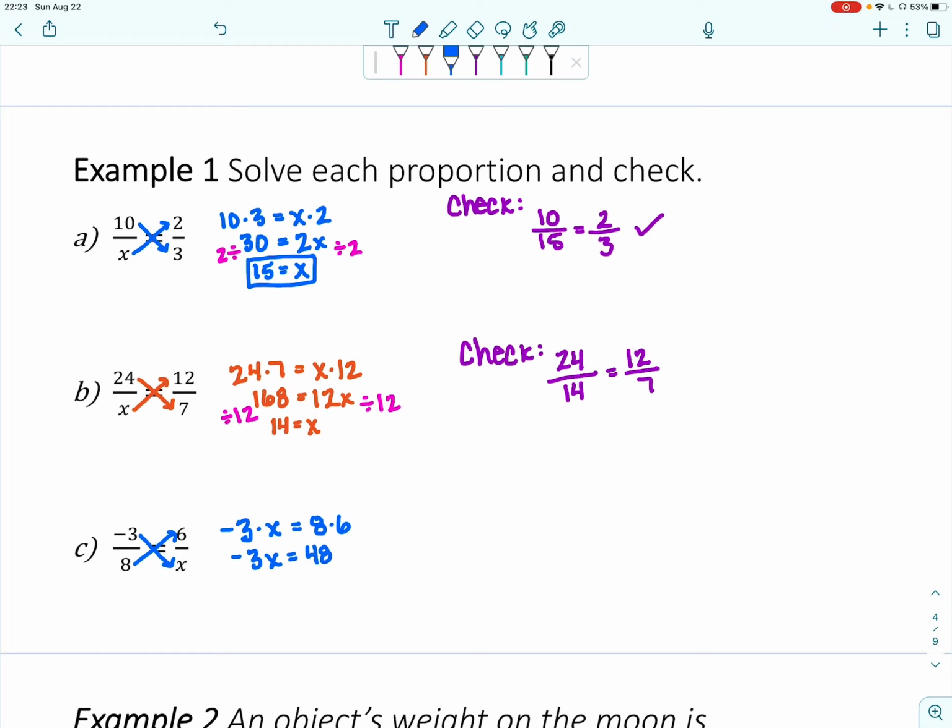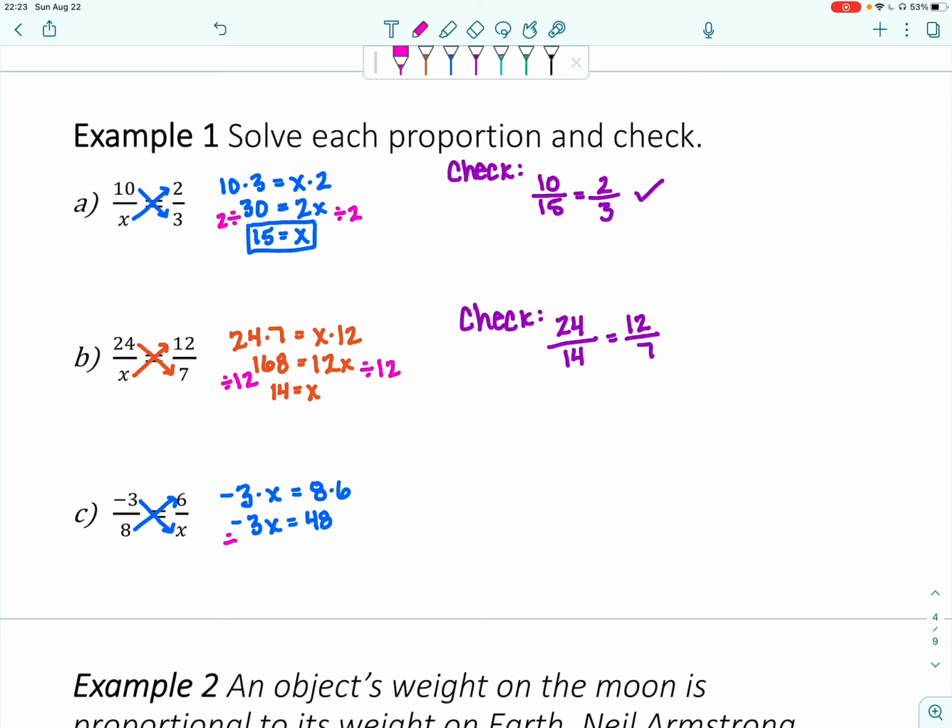Yes, I had to do 8 times 6 in my calculator. I was never good at my 8 times tables. So that was 48. I want to get the x by itself, so I'm going to divide both sides by negative 3. Because if I divide by just 3, then I'll still have a negative on that x. That's not what I want. So x equals negative 16.